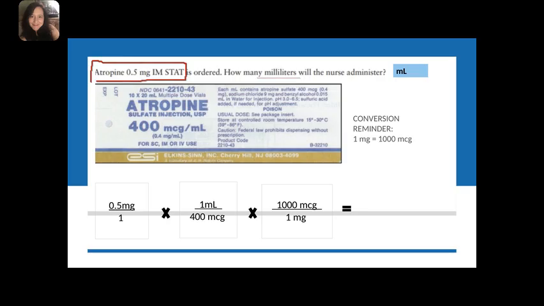And so I have an example here of a label, a bottle that you would be drawing this medication from. We would just look at the label and recognize that it comes in milliliters, right? That there's a concentration of medication in this bottle, and we will get 400 micrograms per mil.